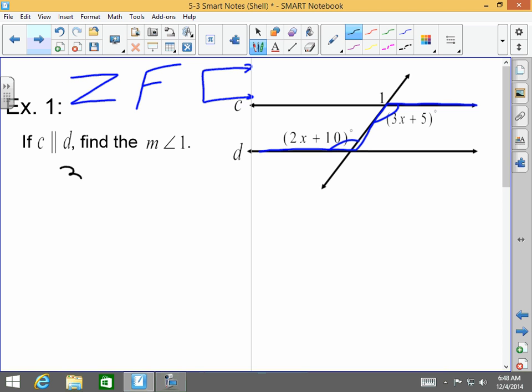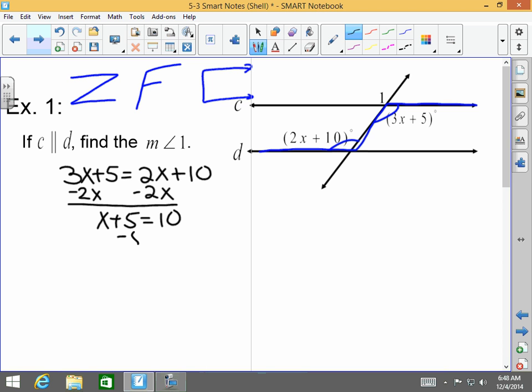So therefore, 3x plus 5 is equal to 2x plus 10. Let's solve for x. All right, hopefully you can see what I'm doing here, simple algebra. So I've derived that x is equal to 5.